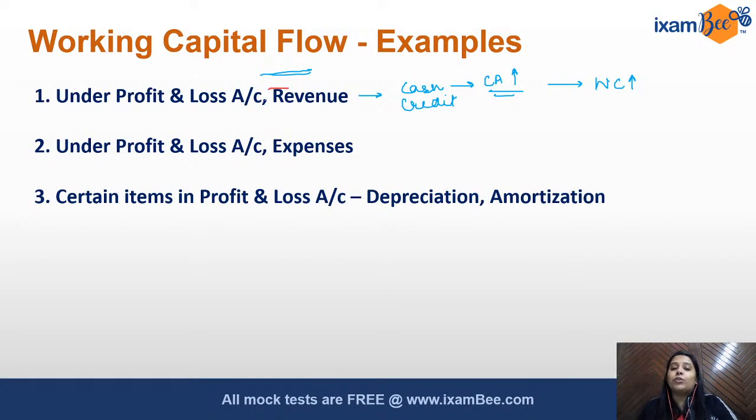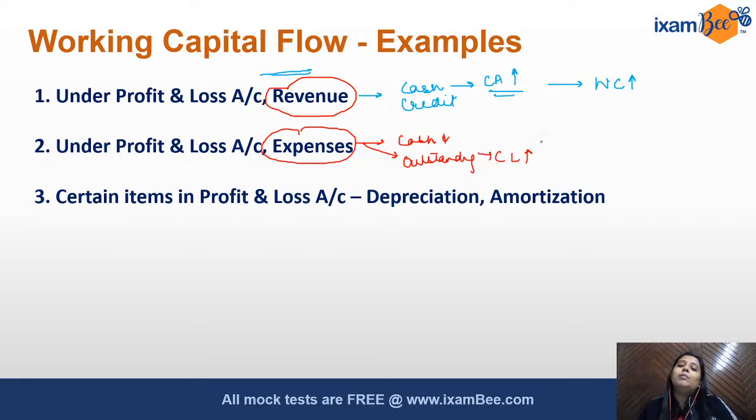Since in this case cash is going up, your current assets are going up and therefore working capital will move up because of revenues. Similarly, because of expenses, either your cash goes down, or if there are any salaries or electricity expenses which are outstanding, your cash would not go down. Rather, you will be booking an outstanding liability, which is nothing but a current liability going up. Guys, in this case, either cash would go down or current liability would go up.